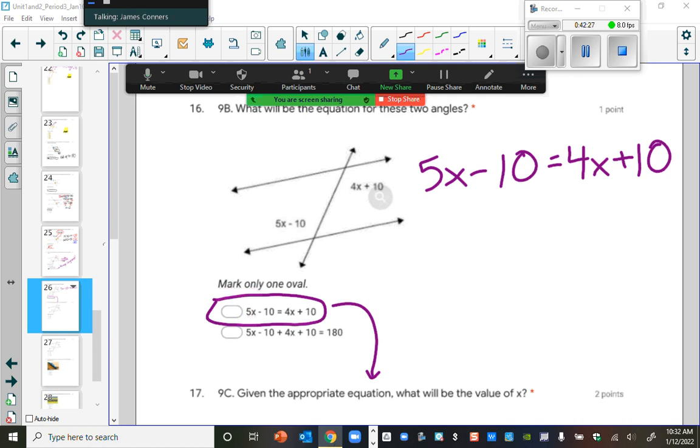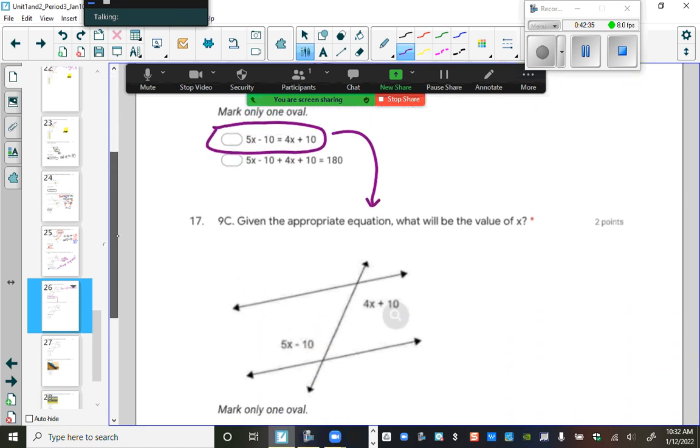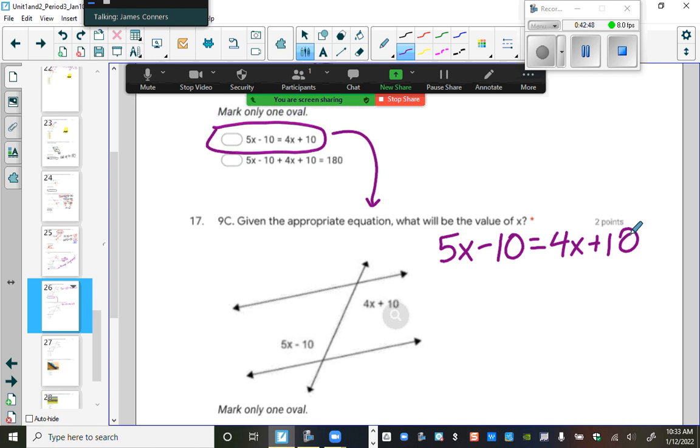I'll let you try that for a moment. Solve for the x. Basically, you're using this equation in the next problem. I'll give you the first hint. X's are on opposite sides.